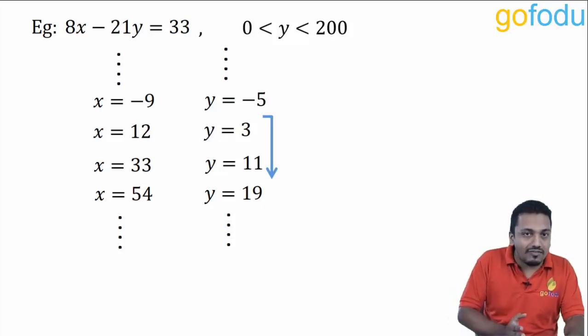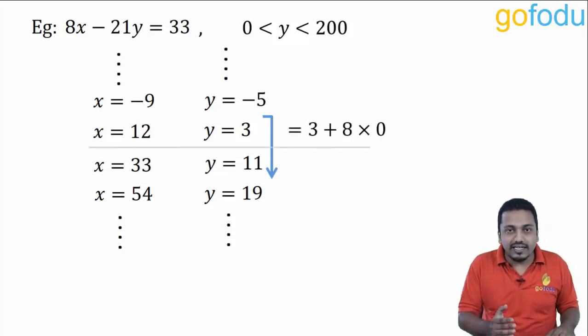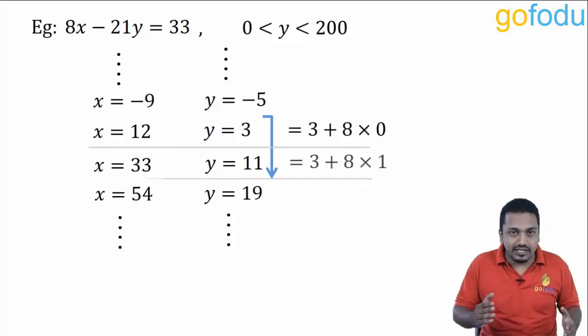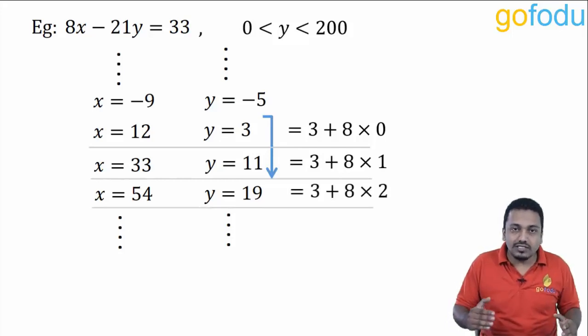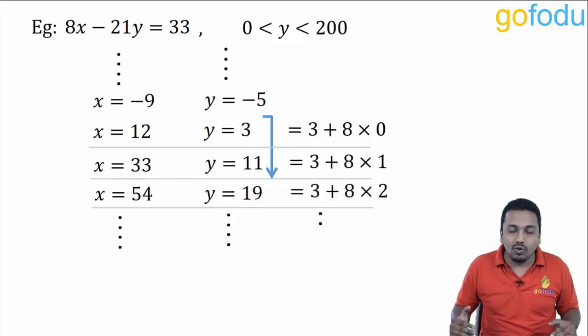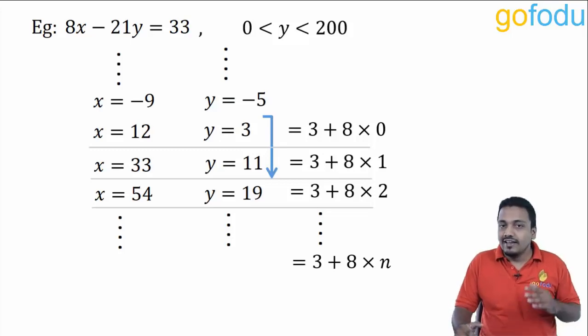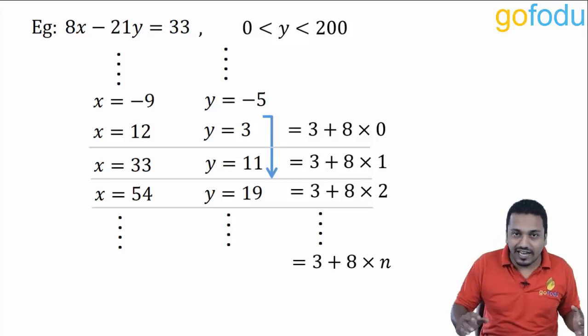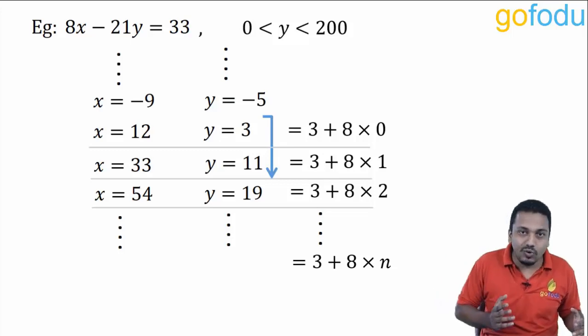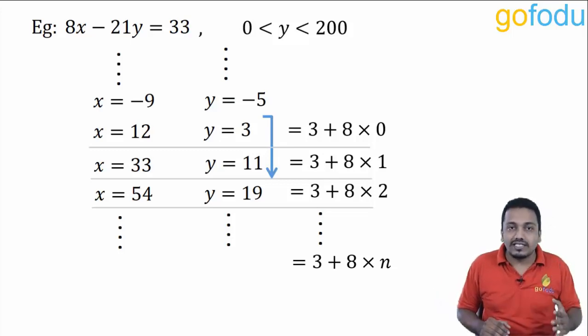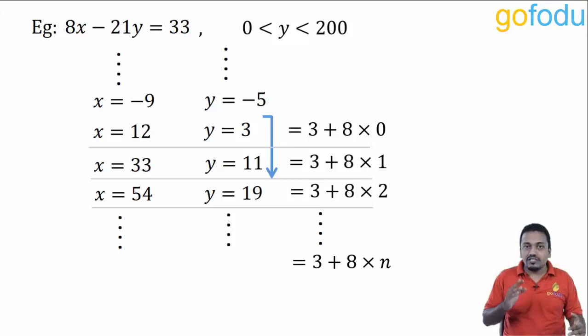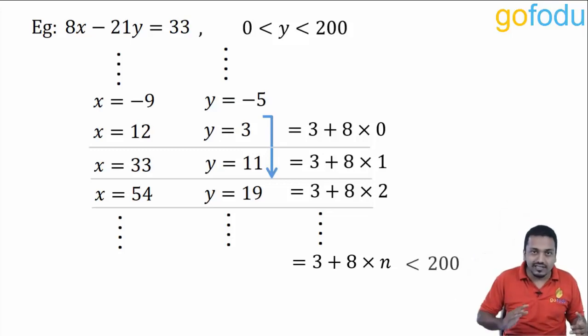So divide the y value by 8 and write them as 3 plus 8 into 0, 3 plus 8 into 1, 3 plus 8 into 2, and this will go on till 3 plus 8 into n. Now this 3 plus 8n is y, right? And y is less than 200.